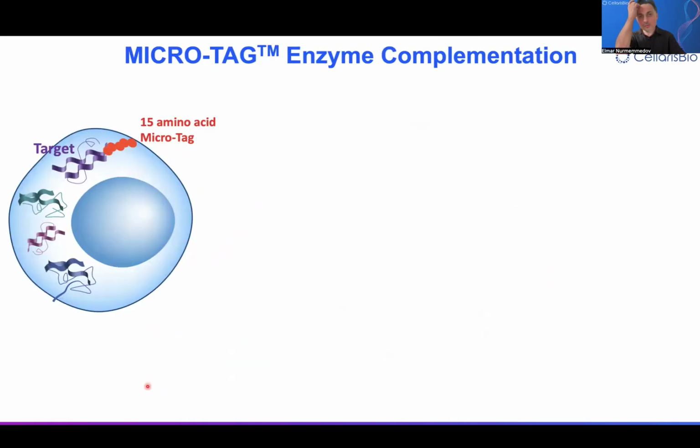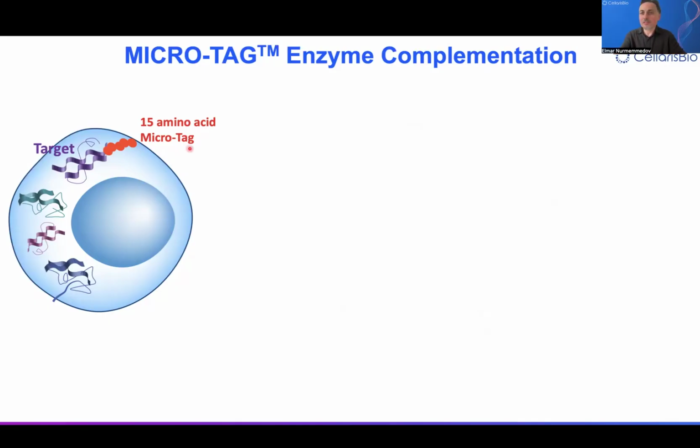Microtag cell target engagement essentially is an enzyme complementation technology, a novel fluorescence-based split RNase technology. Now, the first thing is to identify your target. Once you know the target, you would go ahead and clonally attach a 15 amino acid tag, the microtag, to the N or the C terminus of your target protein.